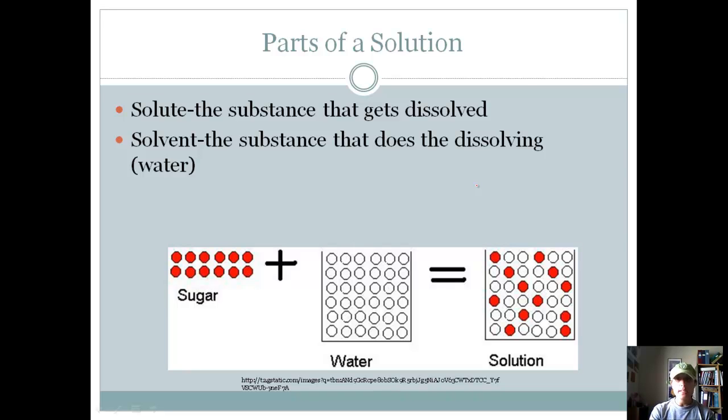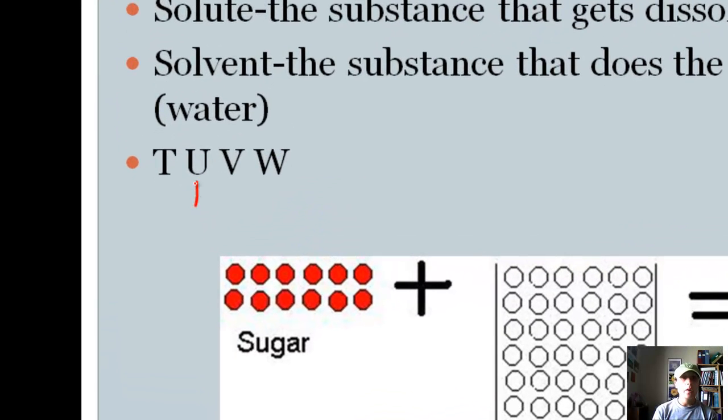So these terms are really similar, and it's easy to get them mixed up. So here's the way I remember it. If you look at the alphabet, A, B, C, and then you get to T, U, V, W. Well, U, to me, represents solute, because it has a U in it. The V represents solvent, and the W represents water.